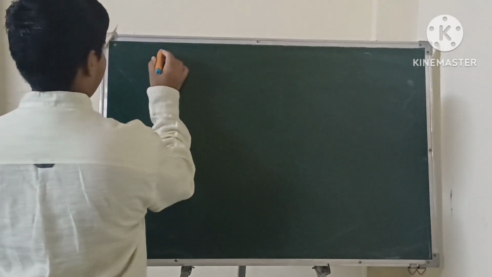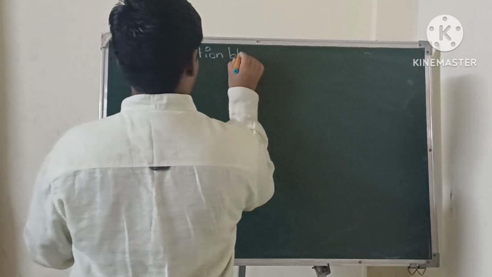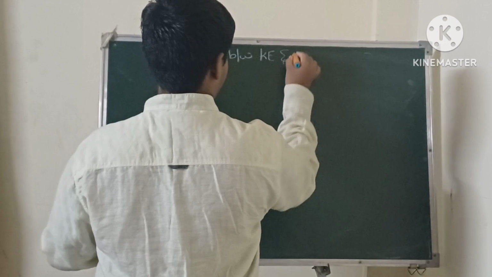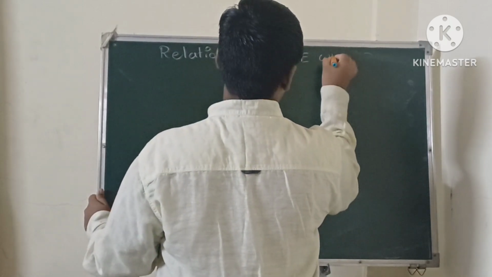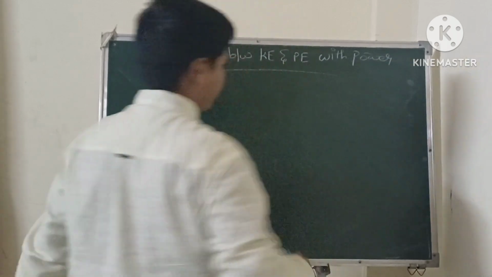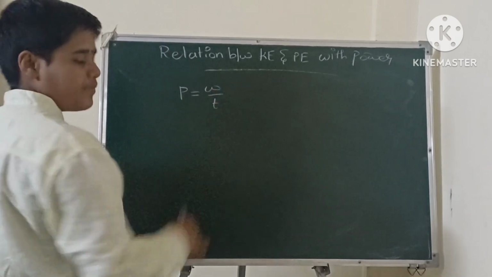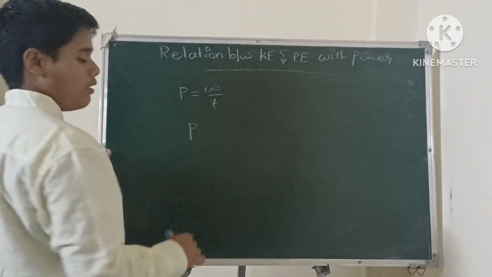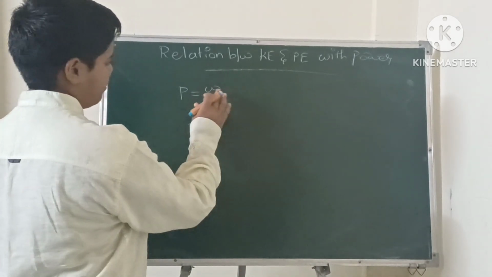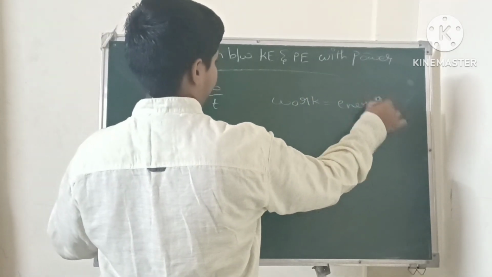And here, the relation between kinetic energy and potential energy with power. Okay. So power is equal to work by time, and here I have to find it with the kinetic energy formula. Here we already learned work equals energy.